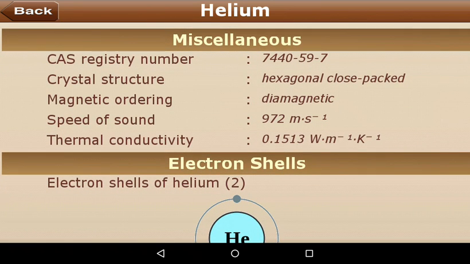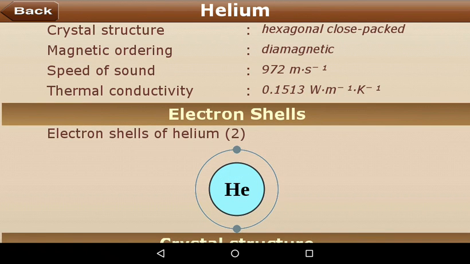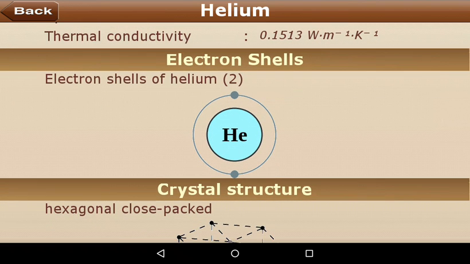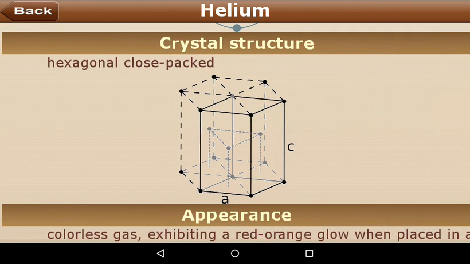Miscellaneous. Some other things we need to consider: a registry number of 7440-59-7, a crystal structure that is hexagonal close-packed, and it is diamagnetic. Its speed of sound is 972 meters per second. The electron shell of helium has 2 electrons, and it has a crystal structure quite different from that of hydrogen.